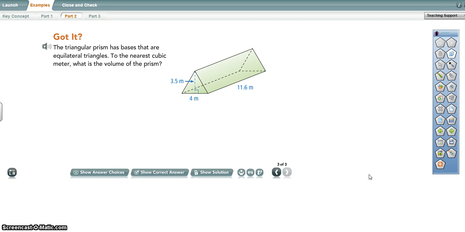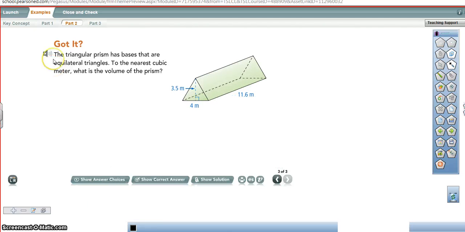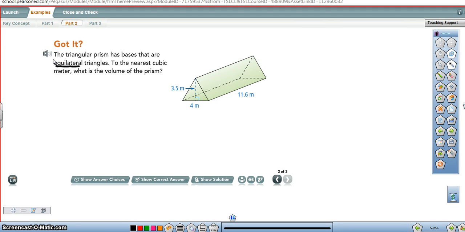Right, next one, this is another triangular prism. The bases are equilateral triangles. So let's remember what that means. If they're equilateral triangles, all the sides are equal. We need to find the volume of this prism.